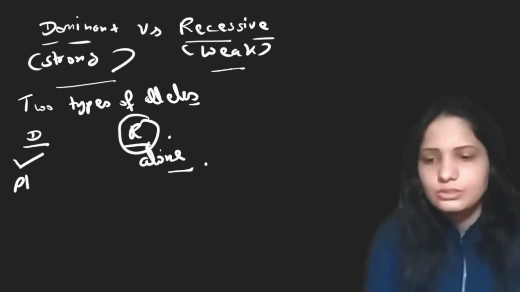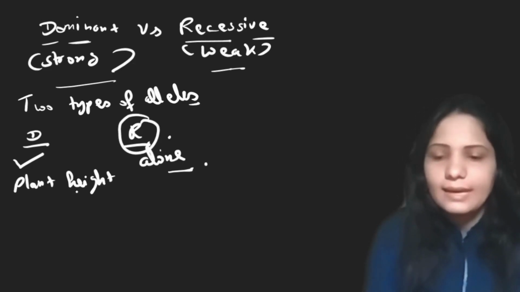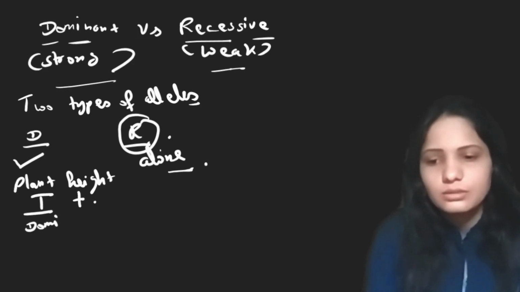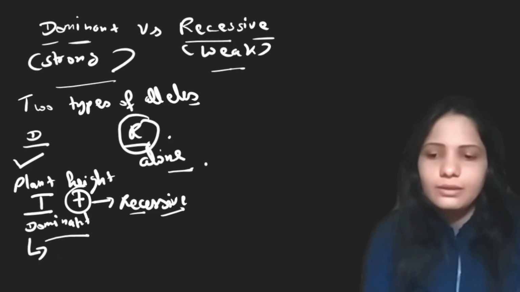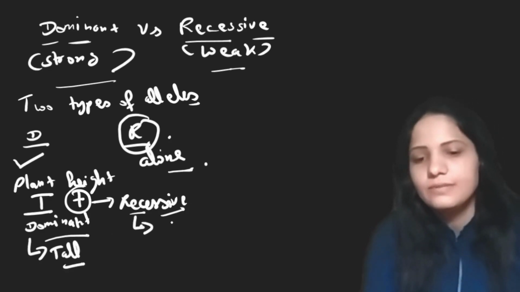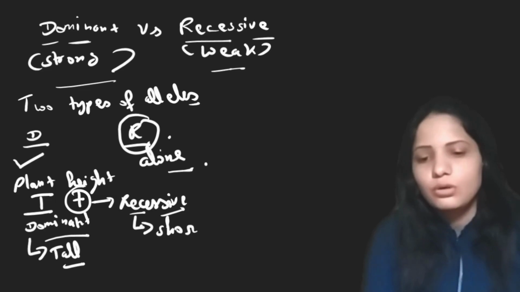Let's say the condition of plant height. For plant height, we have two different alleles, capital T and small t. Now this capital T is dominant, and this small t is the recessive allele. This dominant allele will be responsible for tallness of the plant, and this recessive allele will be responsible for the short height of the plant.